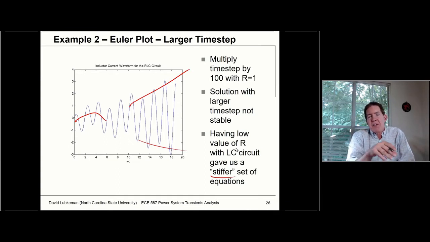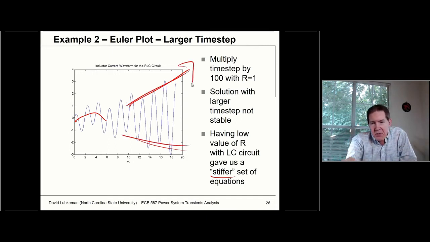And we're not able to accurately calculate the area under the curve with this Euler approach, since the time step's larger. What happens is that error accumulates. So this inaccuracy in the integration algorithm, it builds up, and builds up, and the solution just diverges.